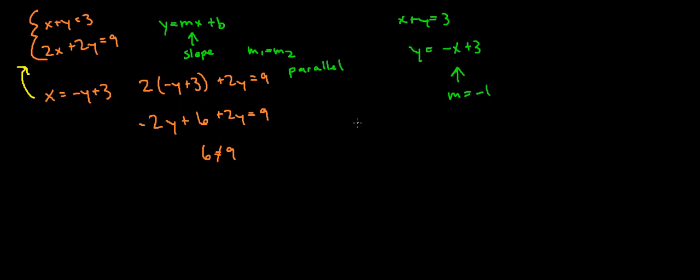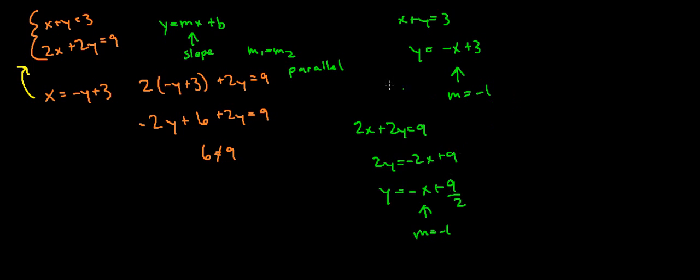I'll take the second equation, rearrange this, and divide by 2. m is equal to minus 1. So here I can see that m1 is equal to m2, so the lines are parallel.